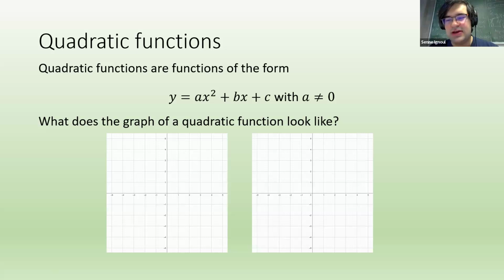Everyone who's sitting behind the computer right now, what you can try to do is use the annotation function of Zoom to try to draw the parabola. I don't know if you know how it works, but you can press the pencil in the lower left corner, and then you can draw on the screen. Please try to draw the graph of a quadratic function.